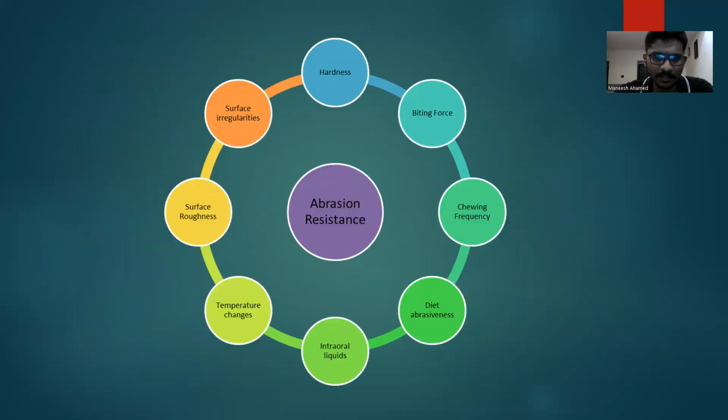So the property of abrasion resistance depends upon several factors like the hardness, the biting force, the chewing frequency, the diet abrasiveness, intraoral liquids, temperature changes, surface roughness, surface irregularities, etc.